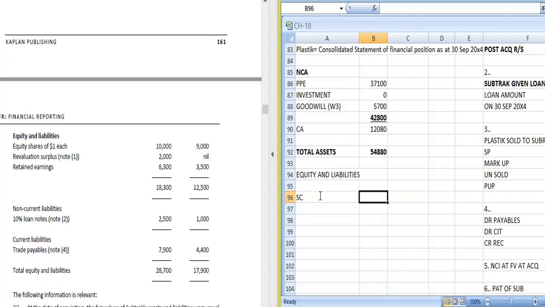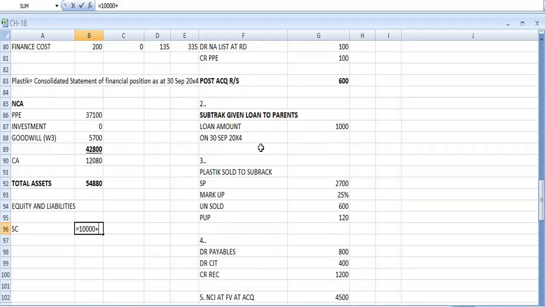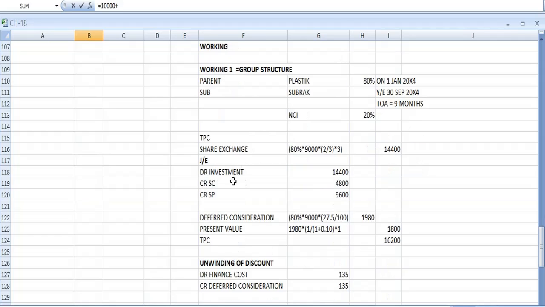So we will only take the parent share capital, which is 10,000. And one more thing we need to add here is the share consideration which has not been recorded by the parent. The question has already mentioned it at the start, and we have passed the journal entry as well. So share capital is 4,800.